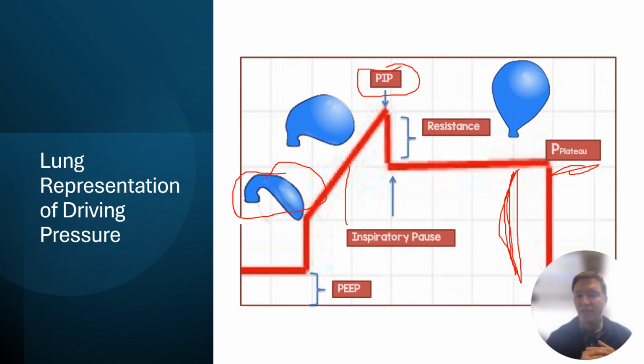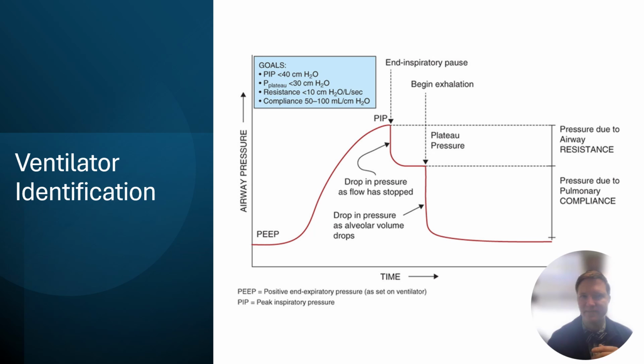I want to look at the very sensitive parts of the lungs to make sure I don't destroy those, and that's the plateau minus PEEP. So that's the small parts of the airways. So further graphics here. When we're looking at this, I need to look at the pressure due to pulmonary compliance, right? I'm trying to look at the very sensitive parts of the airway here.